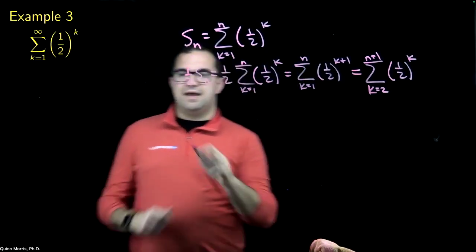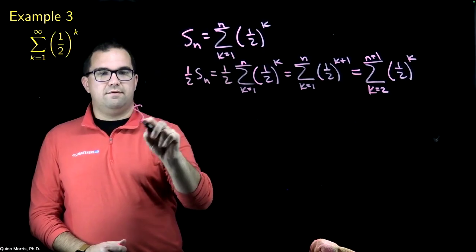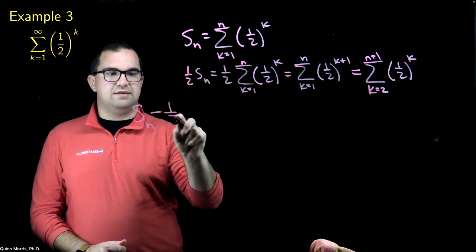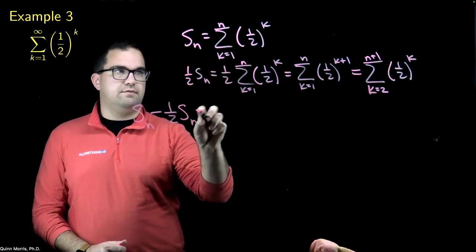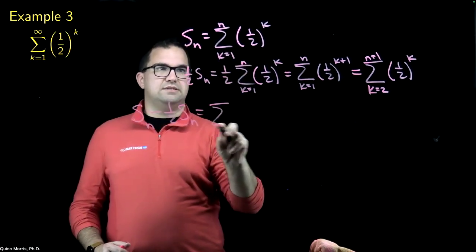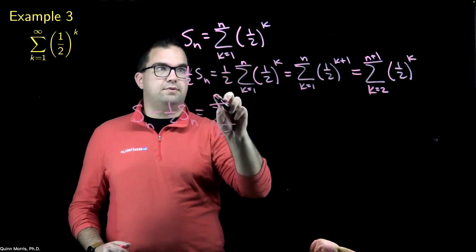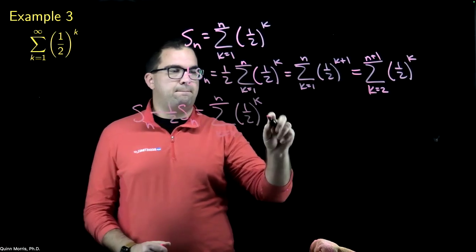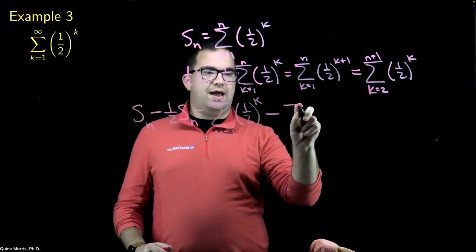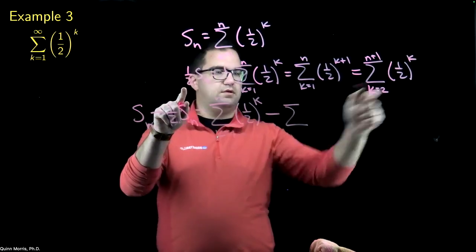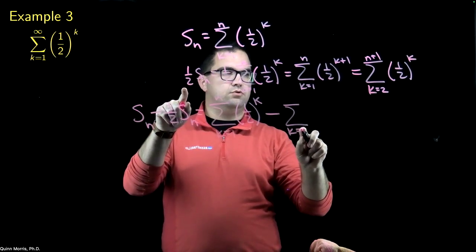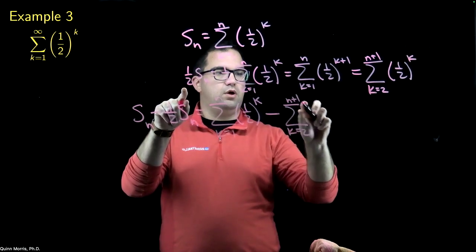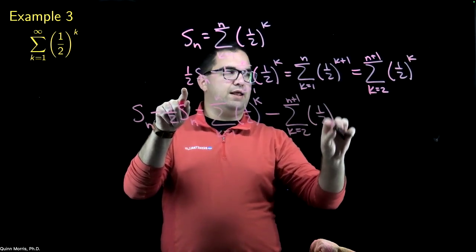Now, why is that helpful? Well, let me look at S sub n minus 1/2 S sub n. S sub n is the sum k equals 1 up to n of 1/2 to the k, whereas 1/2 S sub n is the sum k equals 2 up to n plus 1 of 1/2 to the k.